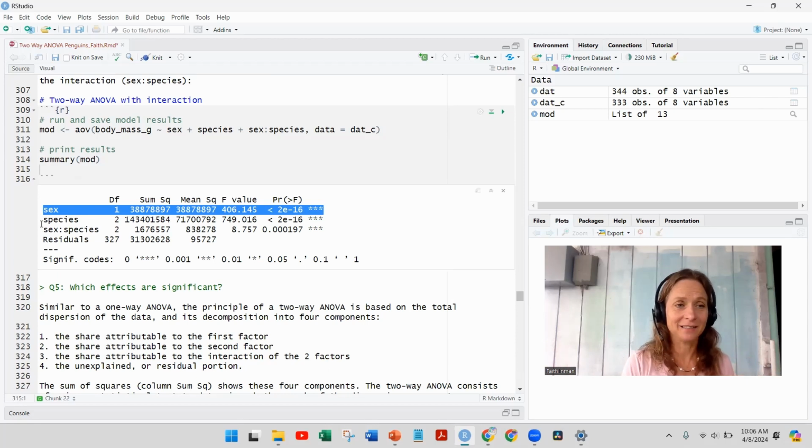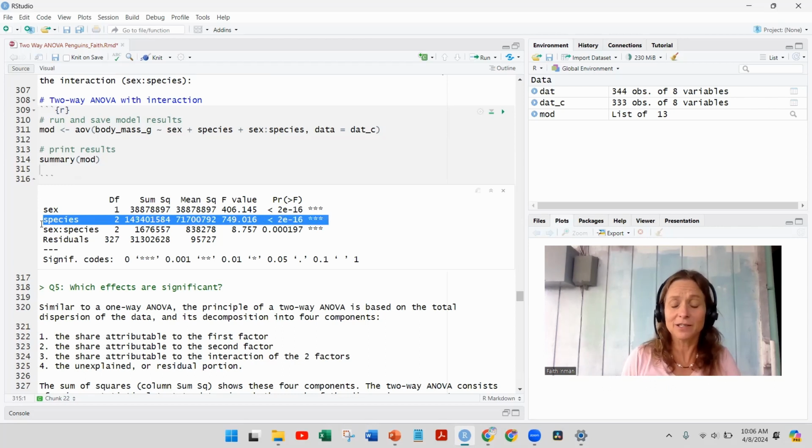This next line in our result, species, is also significant. So that says, if you took all the Adelie, males and females, and compared that body mass with all the Gentoo, males and females, and compared that with all the Chinstrap, males and females, one of those species is bigger or smaller than the other one.